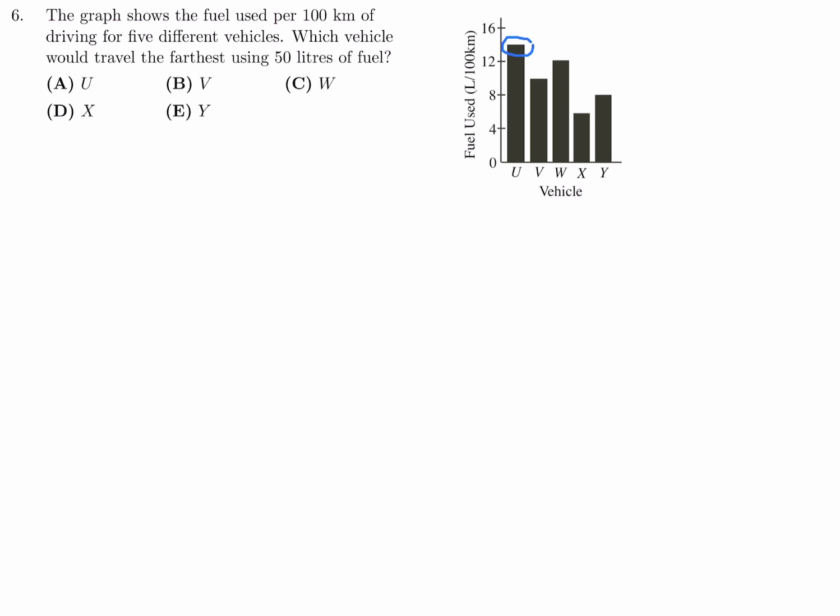Are we going to choose the one that is highest or the one that is lowest? Well, if you're not sure, let's figure it out for both. So for the highest, it looks like it's 17, right? What is that number actually? 14. Okay, 14 liters per 100 kilometers.